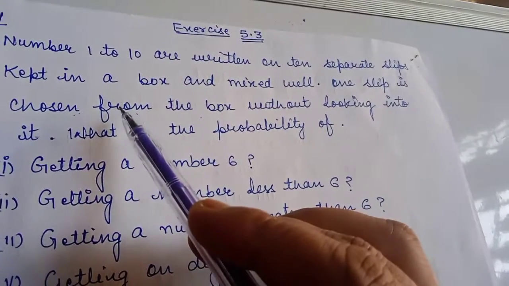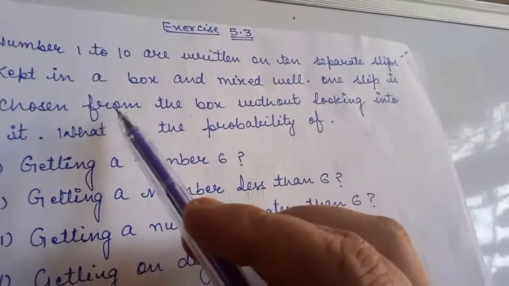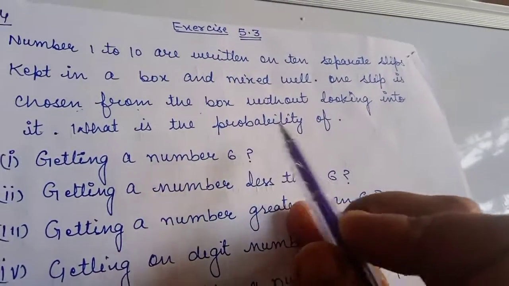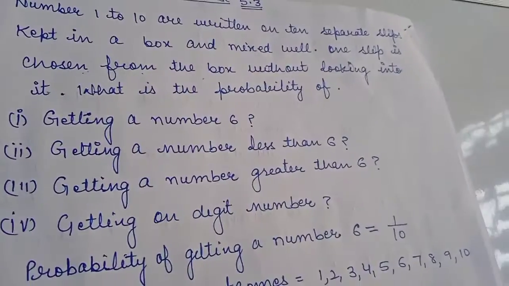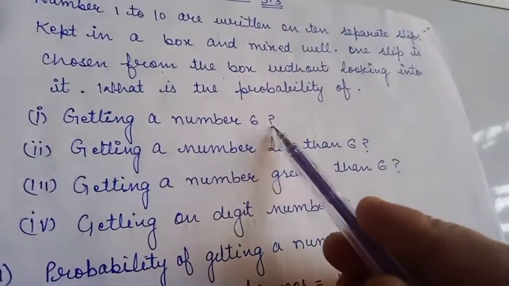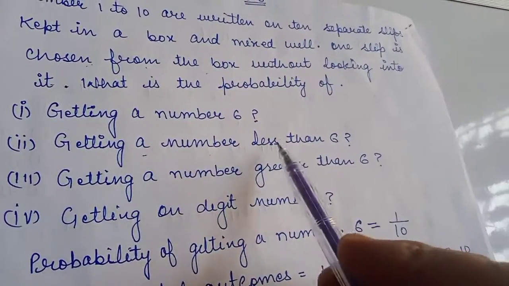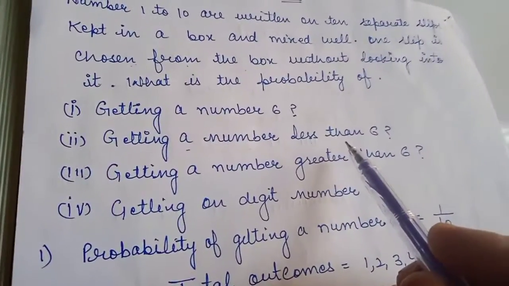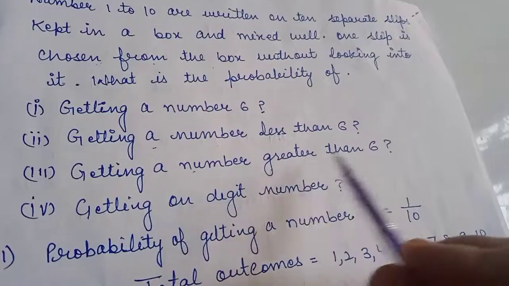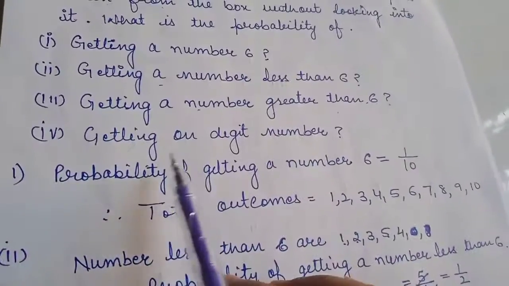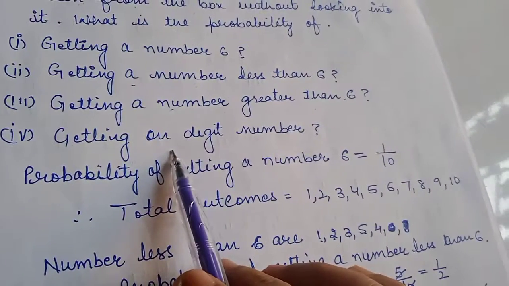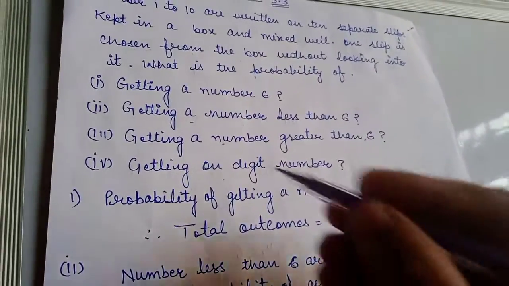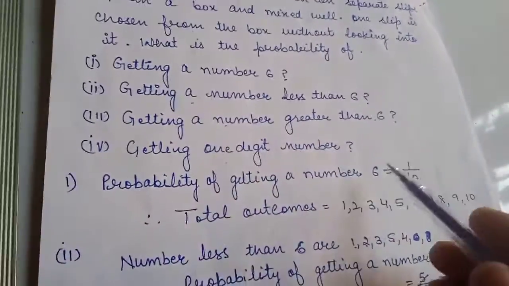What is the probability of, first, getting a number 6; second, getting a number less than 6; third, getting a number greater than 6; and fourth, getting a one-digit number?